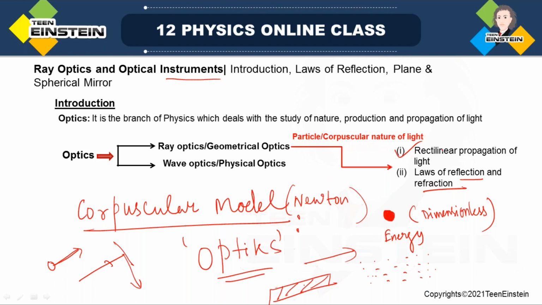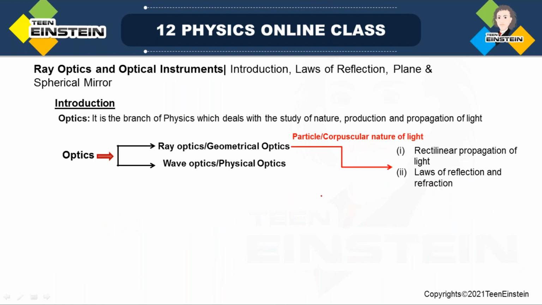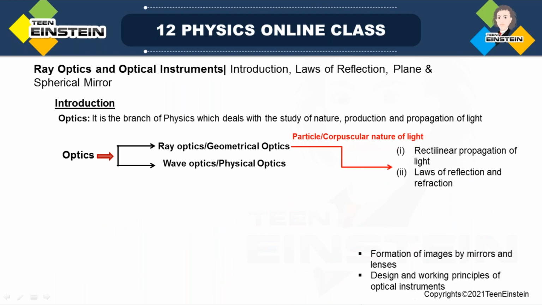The optical instruments are also made upon the properties of reflection and refraction. These were very successful theories when we explain the laws of reflection and laws of refraction. But it was very difficult to explain certain phenomena.